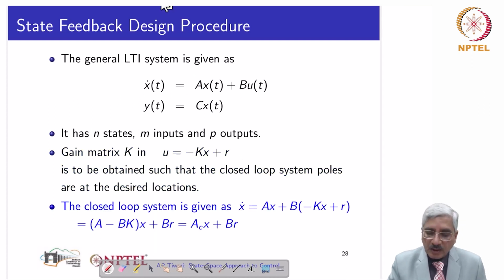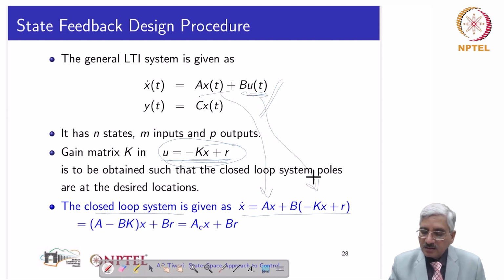So what will happen once this state feedback is incorporated with this system? In place of u, if we substitute this expression, we get the closed loop system dynamics as this: Ax, and B times u, where u is minus Kx plus r, and this simplifies to this, and in that we put the notation AC equal to A minus BK.